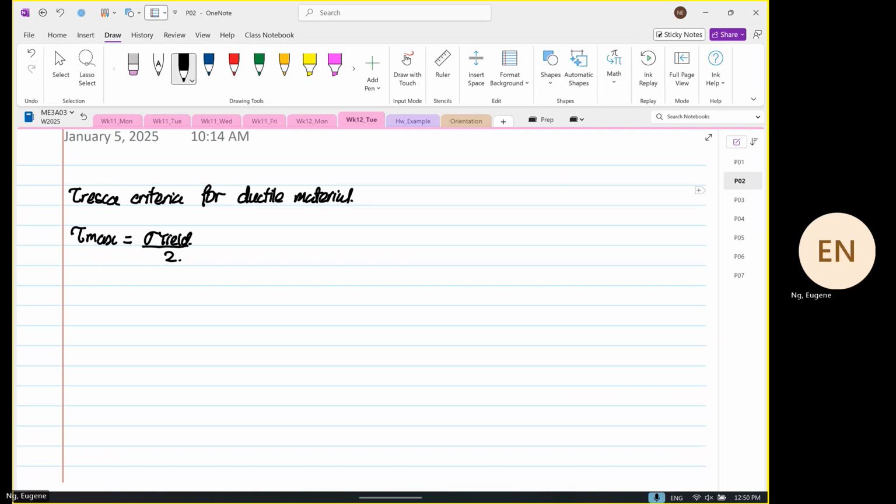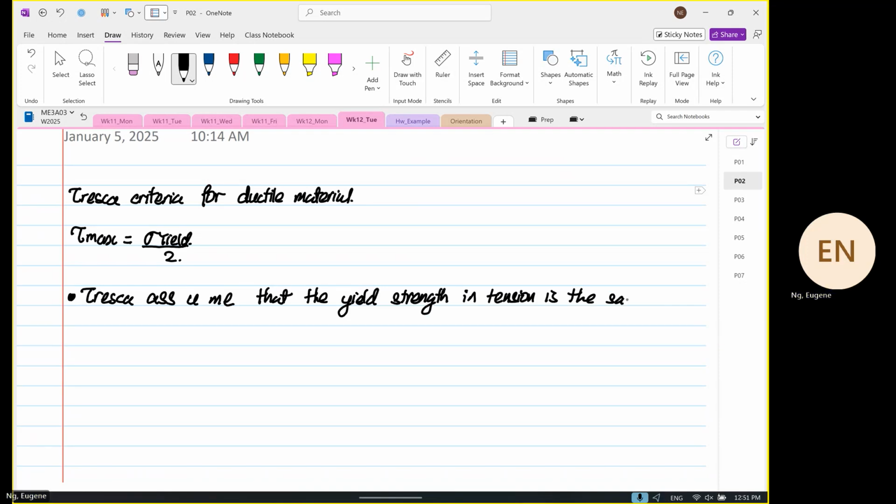Okay. And a big thing that they assume, okay, is that Tresca assumes that the yield strength is the same in tension as compression.